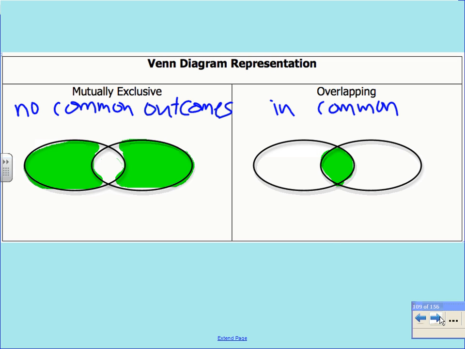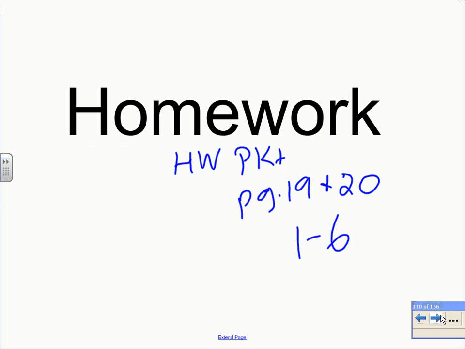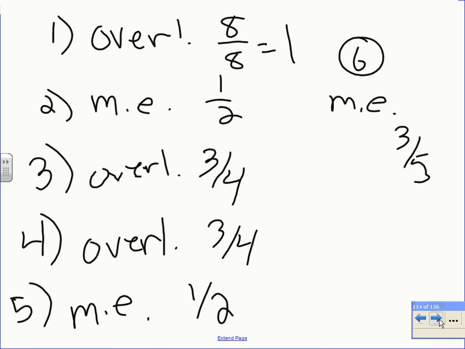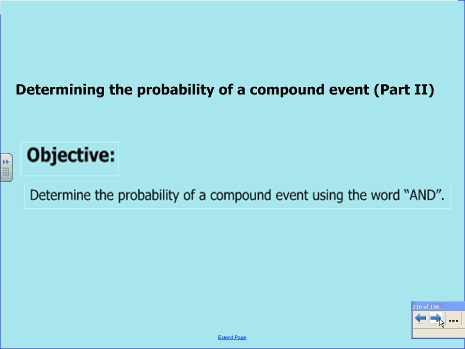All right, we need some harder stuff, right? Okay. Let's, hold on, I gotta find it. All right, so before we start part 2 of compound events, I'll just tell you, your quiz on probability is going to be Tuesday or Wednesday next week, okay? Again, I'm not sure. I need to see how you guys do on this today.